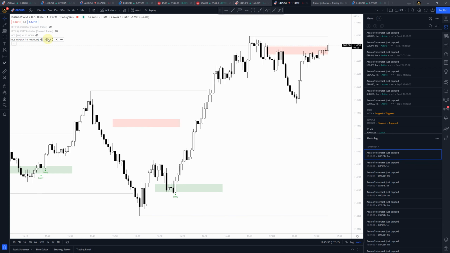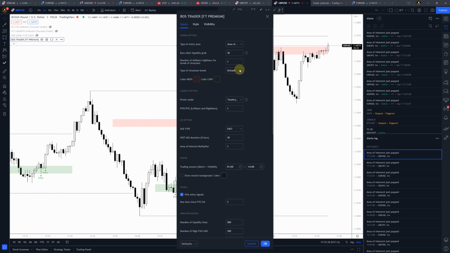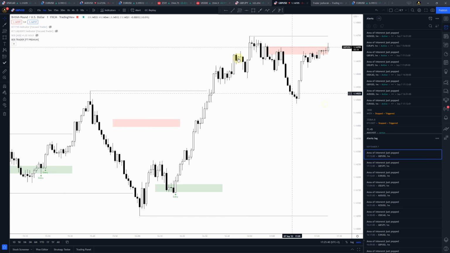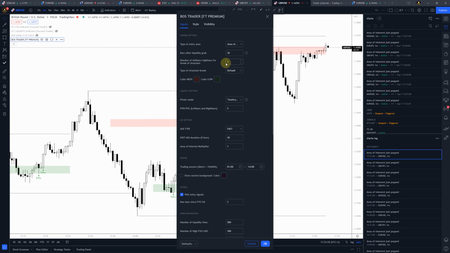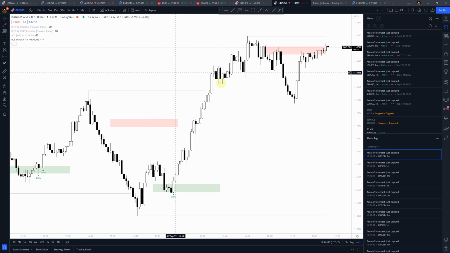So if you play with settings like I did in this video, you will probably not get the same result as areas of interest, because I'm using different settings for my trading. If we are here on this time frame, I will probably use 5, for example, and I would also define my structure by a higher number of left bars or right bars.